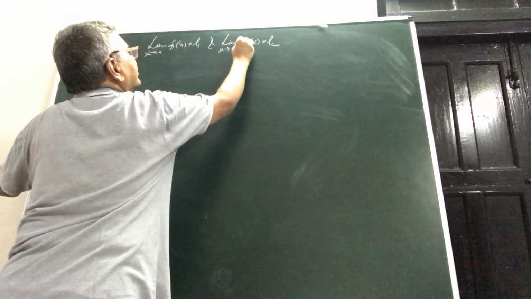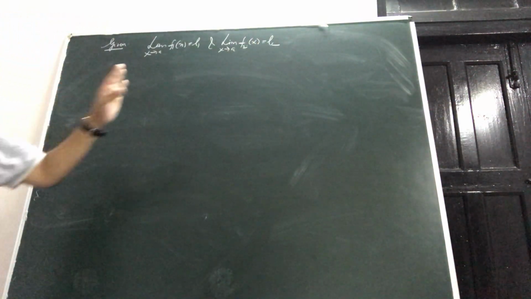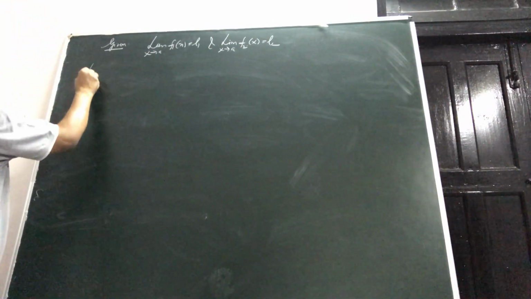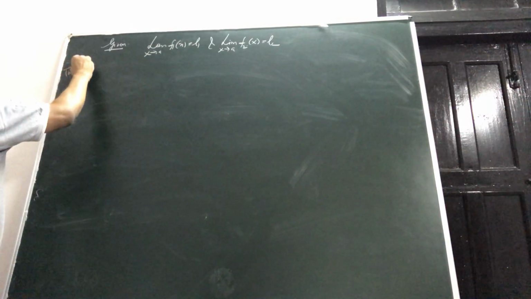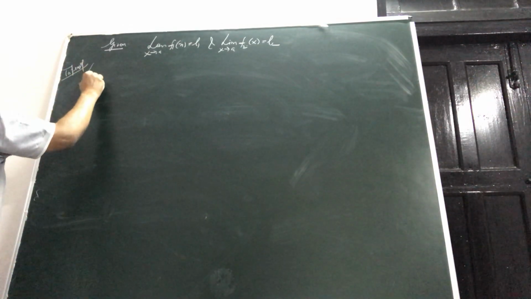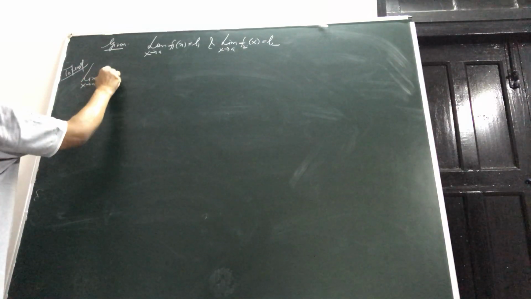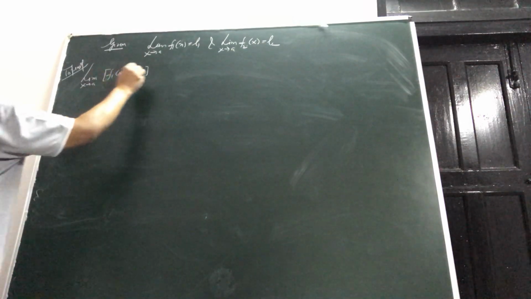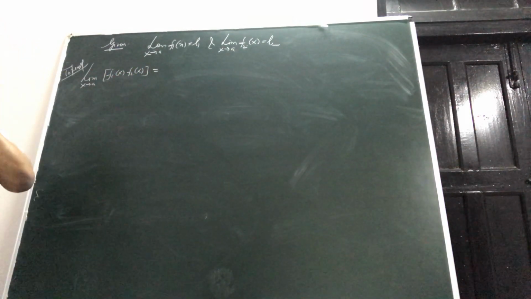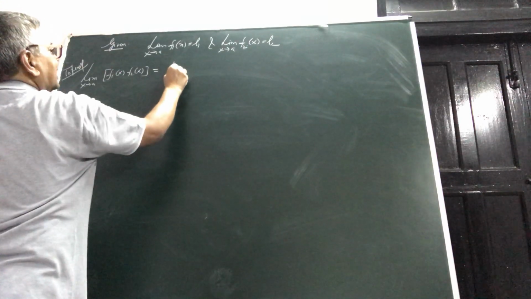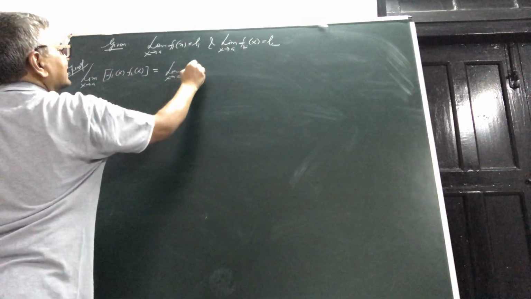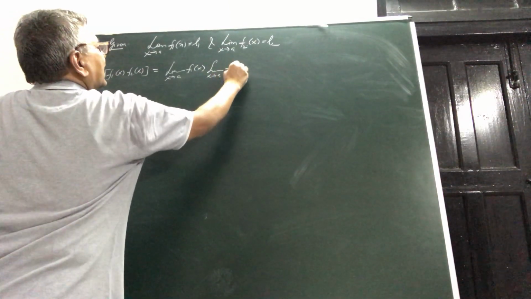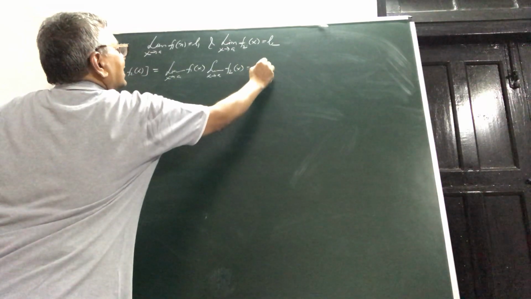They have the same domain, and what you have to prove is limit x tending to a f1x into f2x is equal to the product of the individual limits, that is limit x tending to a f1x into limit x tending to a f2x, which is nothing but L1 L2.